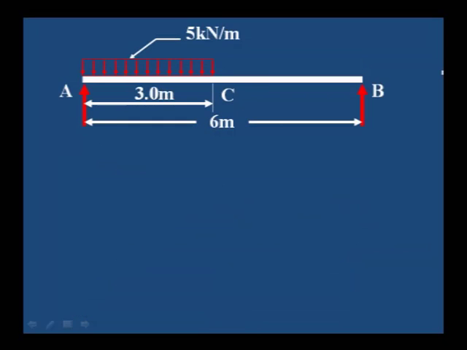Let us consider one more example where the uniformly distributed load is acting on the left half of the portion. This is not loaded fully, therefore the reactions will not be equal, and obviously you can observe the reaction at A will be more because the load is acting towards A. Here RB may be less.